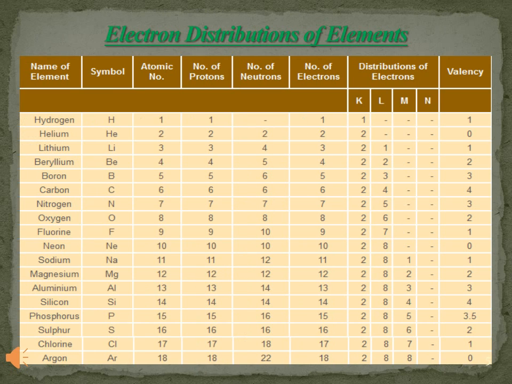Students, now on the screen you will be able to see a table. The table is about the electron distribution of elements. In this table you can see the names of the elements.